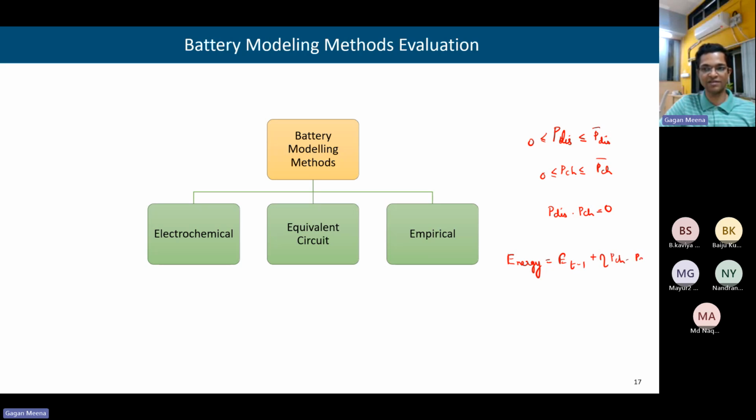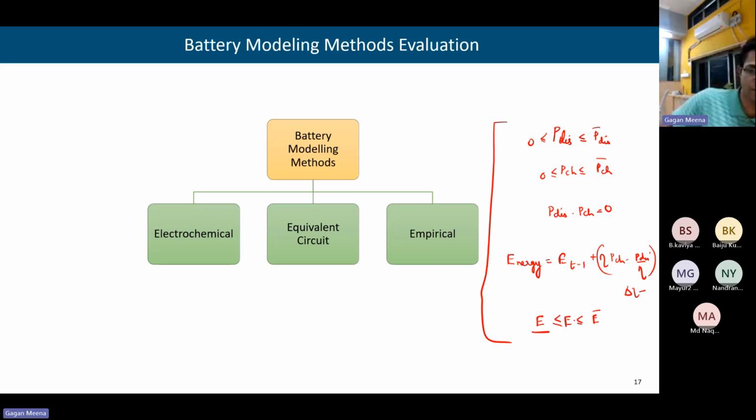Then discharging, into delta T. And this energy is also within a maximum limit and a minimum limit, to prevent deep discharge and overcharge. This is the simplest method.